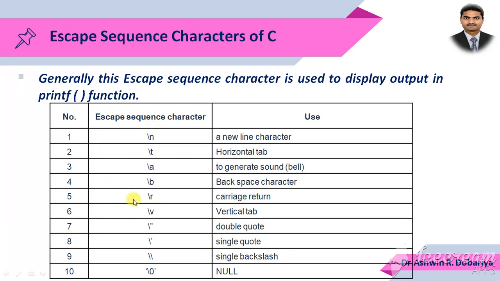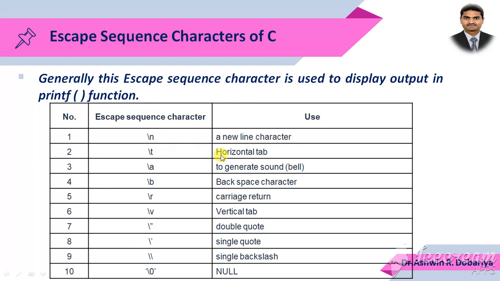In this video we will learn different types of escape sequence characters. Many types are available in C, but here we will discuss those which are commonly used in C programs. The first is \n, a new line character.